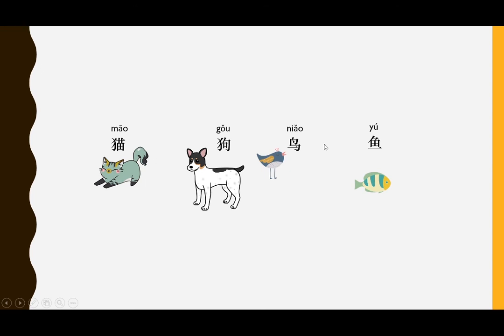And now you can read it yourself and pay attention to 鱼. It's difficult to read. Okay, now you can find 猫 and 狗, they contain the same radical, which also indicates that this is a kind of animal.